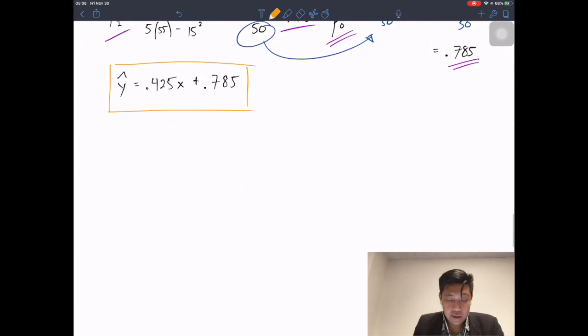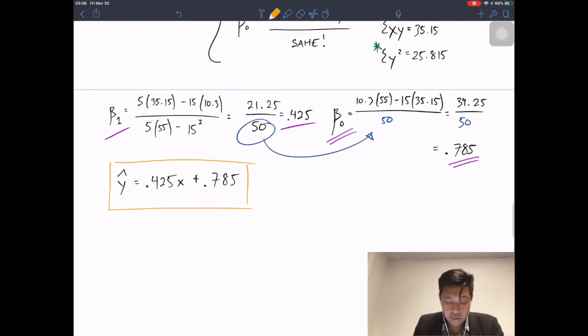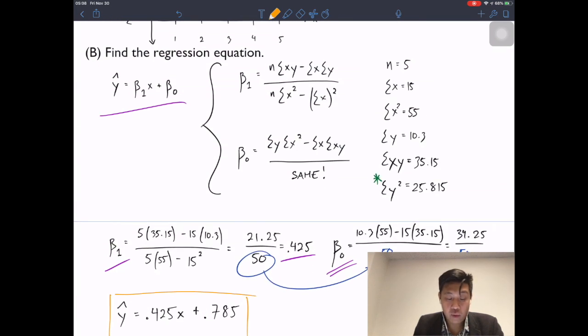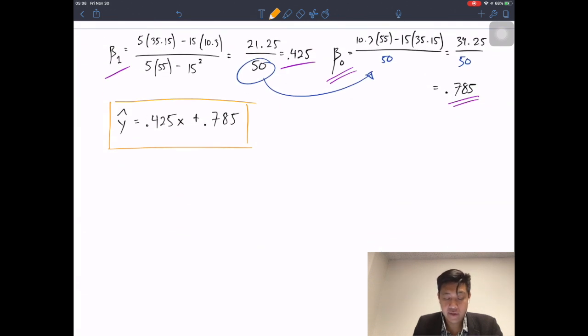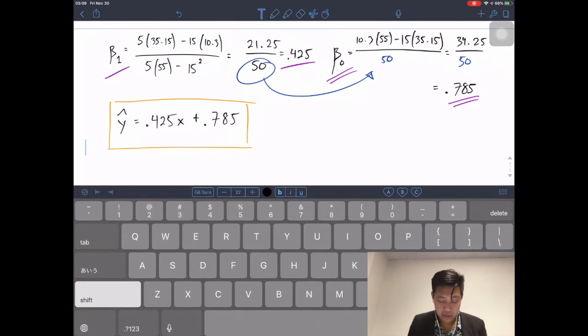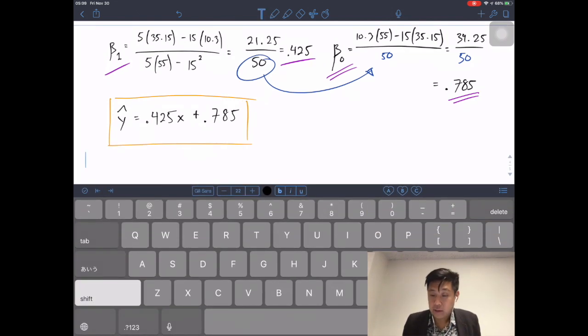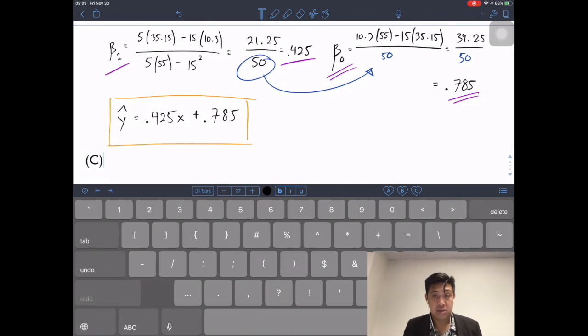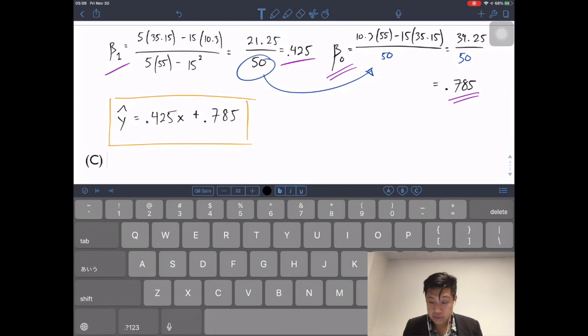Now, generally, we have to plot this equation, 0.425x plus 0.785, onto the graph that we had earlier in part A. However, what I generally do is I make people find the predicted values. So this would be part C, and the purpose of this is to easily graph your equations.